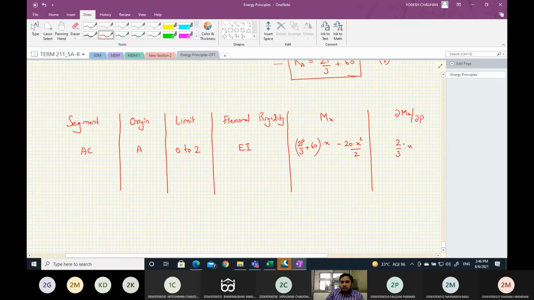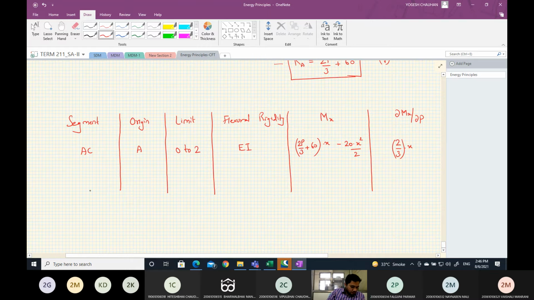Because if you multiply x inside, it will be 2Px by 3, and differentiation with respect to P will be 2 by 3 into x, and this term will be 0 because there is no term containing P.